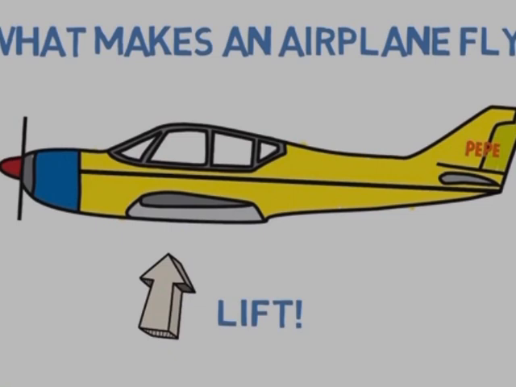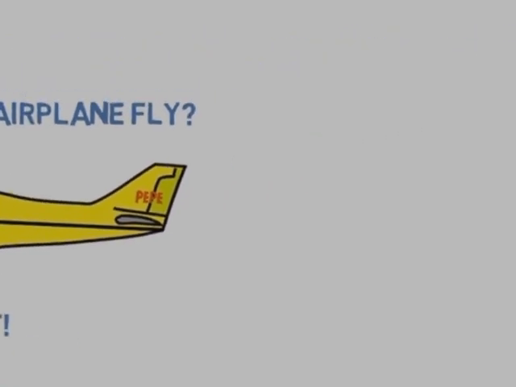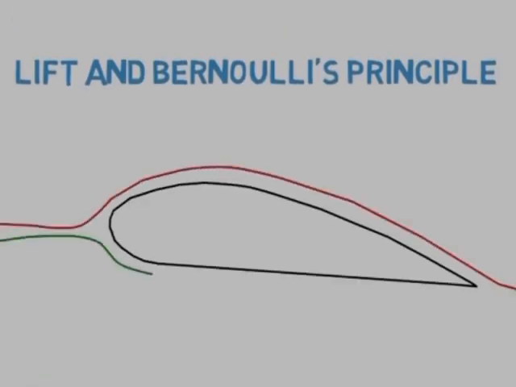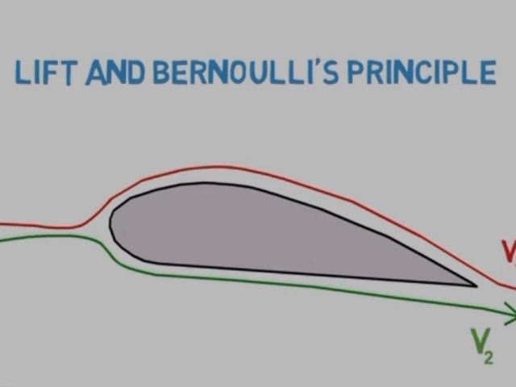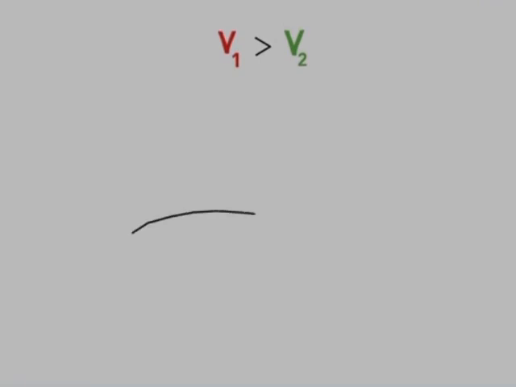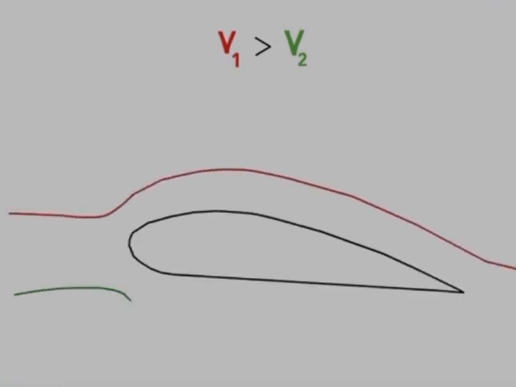But based on Bernoulli's principle, the particles of the air should reach the trailing edge of the wing at the same time. This does not mean that the particles of the air flowing over the upper surface of the wing should reach the trailing edge of the flap before the particles of the air which flow under the lower surface of the wing.